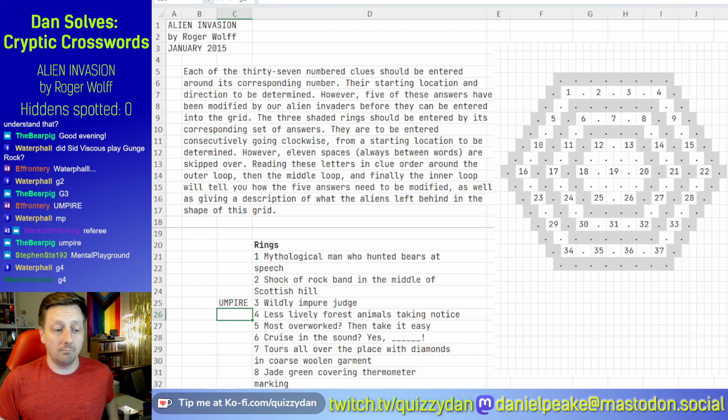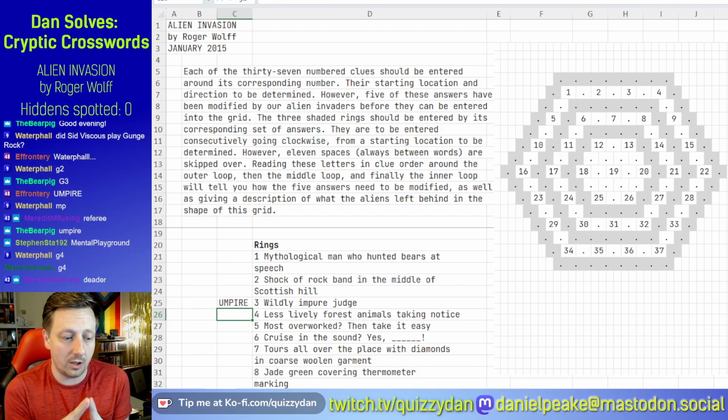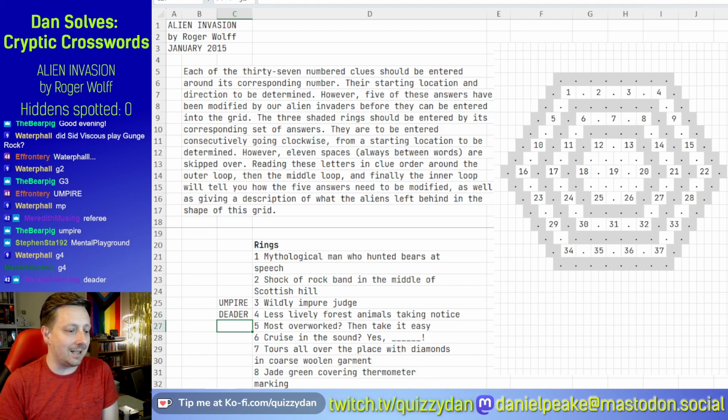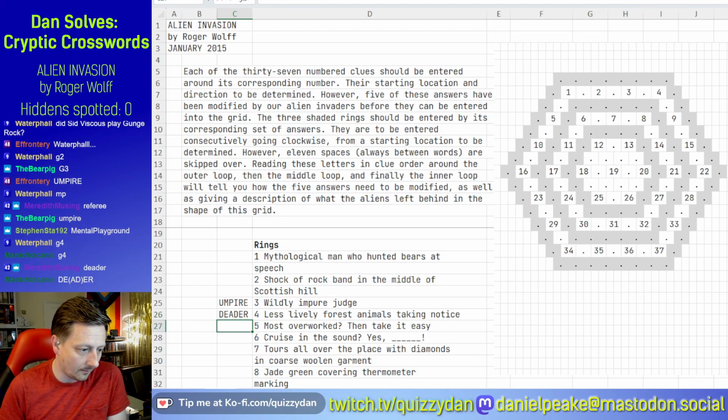So deer is your Bambi, which are your forest animals. A notice is an advert or a bill, so put ad in deer, for deader. That limits what this letter can be to an E or an R. And of course, we still don't know which way round each of these clues is going. So, all in all, not great.